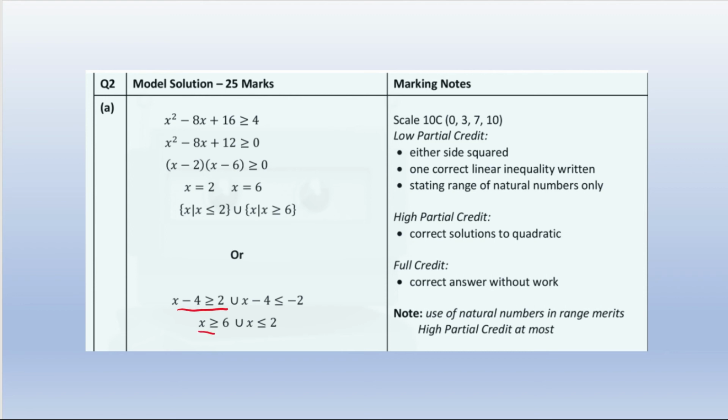They added 4 to both sides to get this value here. Once they had the right hand side, x minus 4 is less than or equal to 2, and added 4 to both sides, they got x less than or equal to 2. So they got the same thing as up above in, I suppose, 2 lines of working.